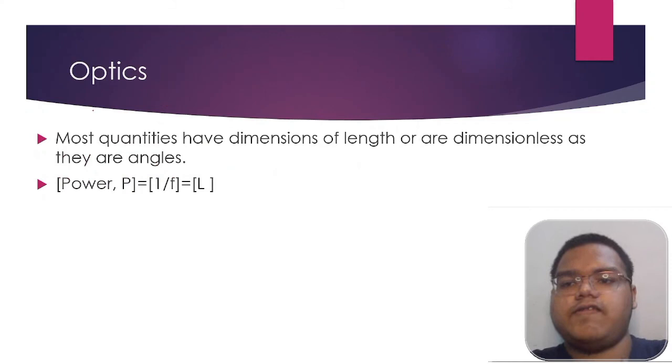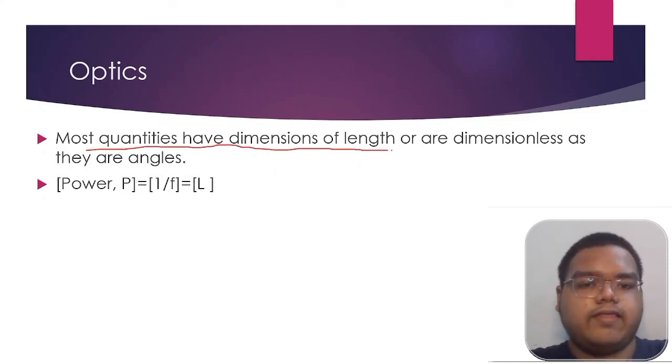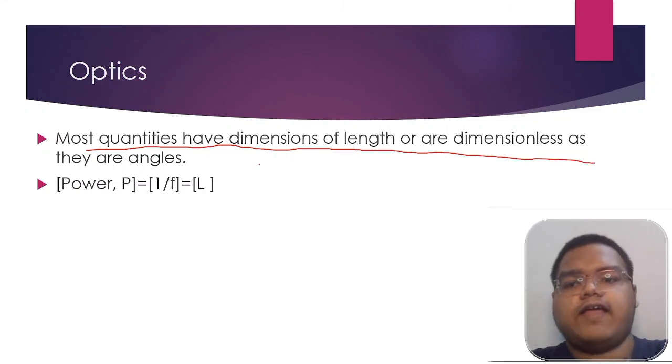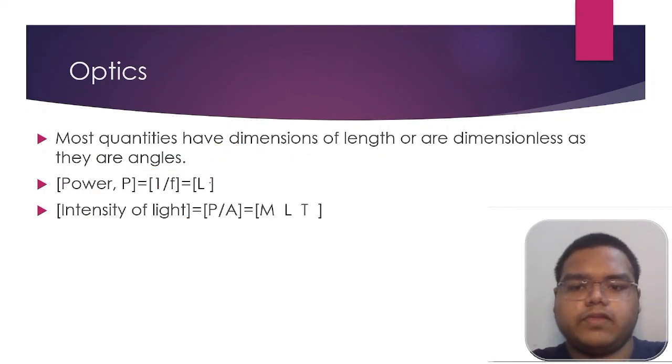Next, optics. Most of the optical quantities have either the dimension of length or are dimensionless, as they are angles. One of them is different. There is power P, which has the dimension of 1 by focal length, so it will have the dimension of L to the power minus 1. Next, intensity of light will be power divided by area.